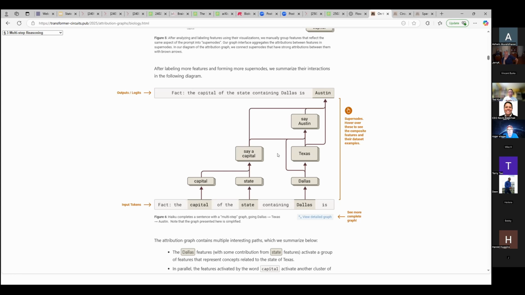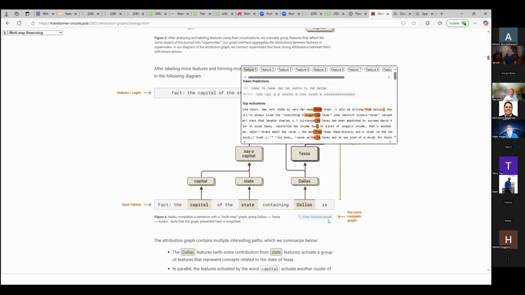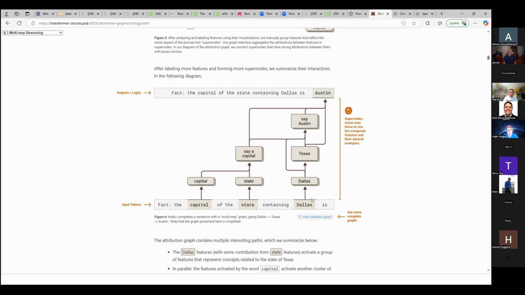So what's cool about this particular two-step reasoning thing is that the word Texas never appears in this sentence. In fact, the capital of the state containing Dallas. When they labeled these features Texas, they labeled them based on their training corpus, right? So the training corpus is 100 million sentences, and they say, give me the top 100 sentences where this feature appears, right? So it's not labeled Texas because of this sentence.